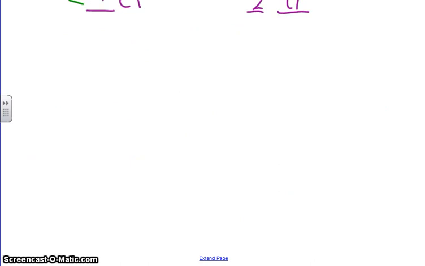Okay, here's another example. This one might be a little more challenging for you. Try writing this on your paper before I even get it.